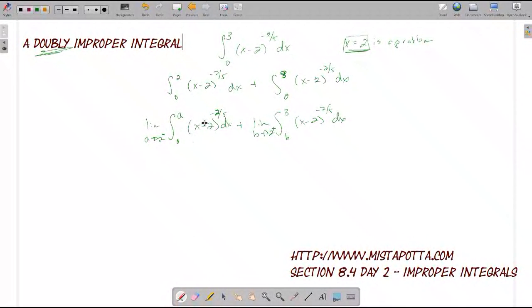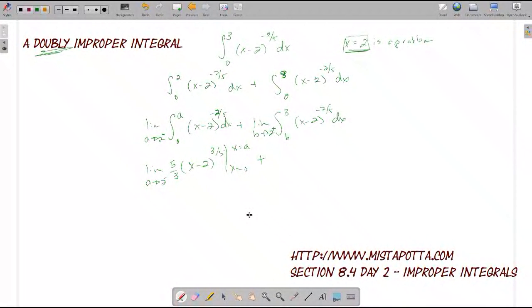So this is a power, so I'm going to use the power rule. I'm going to increase the exponent by 1. That's going to make my exponent 3/5. And then I'm going to divide by my new exponent, which makes this 5/3. And I'm going to evaluate this from x equals 0 to x equals a, and then take the limit as a approaches 2 from the left.